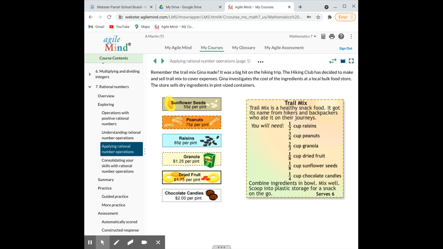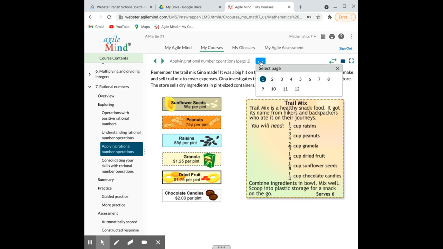They're just putting as much of the peanuts or sunflower seeds or raisins or granola inside that pint container as will actually fit. Think about that, because if you are filling up something with water, it's going to completely fill it up, right? But peanuts might not stack just right. So just keep that in mind. What we're going to do is figure out a method of finding the cost for one serving. Okay?